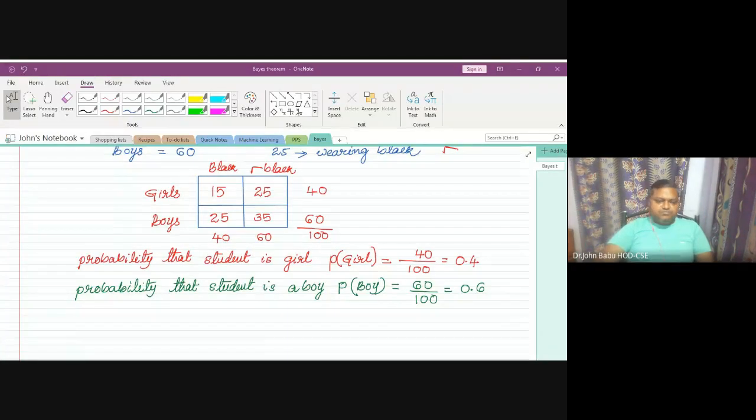Now the question of conditional probability comes. Conditional probability.